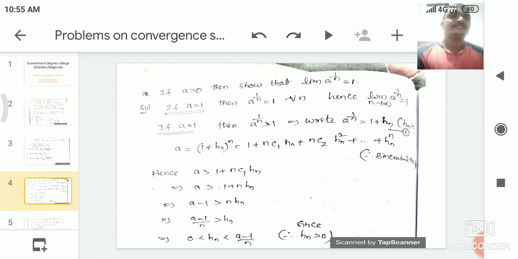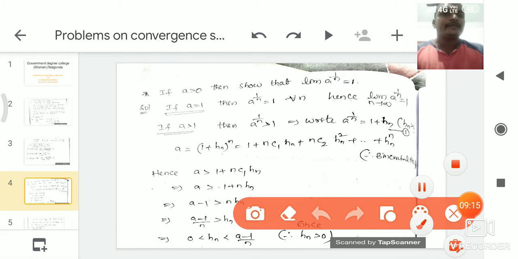So the first case is if a is equal to 1, then directly a power 1 by n is also equal to 1. Why? Because if a is equal to 1, 1 power anything is equal to 1.